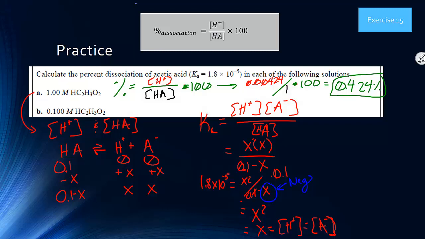Will negate that minus x in the denominator to give us 1.8 times 10 to the minus 6 has to equal x squared. The square root of 1.8 times 10 to the minus 6 is 0.00134.